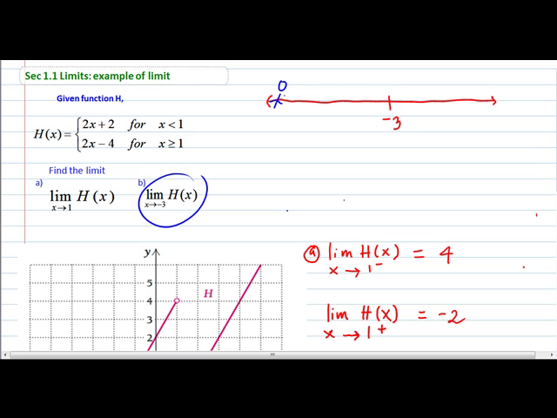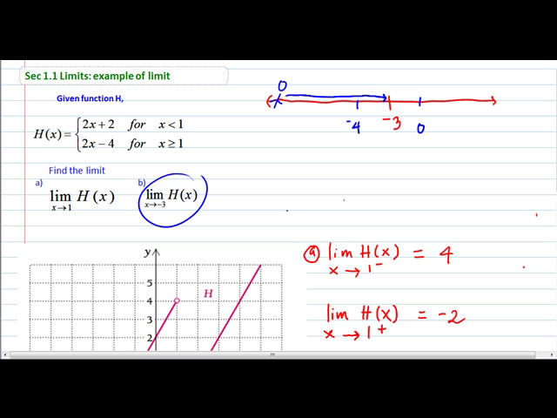So right here is me, I walk very close to minus 3. Here's 0, here's minus 4.